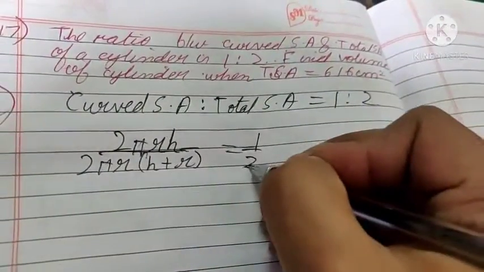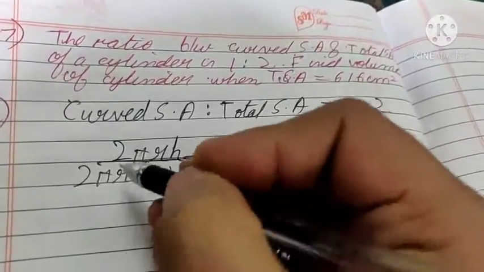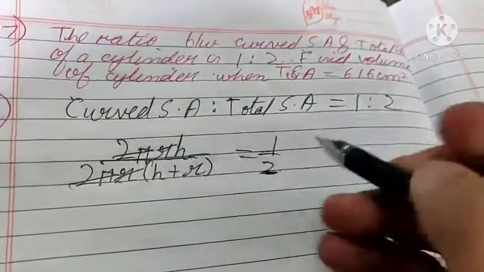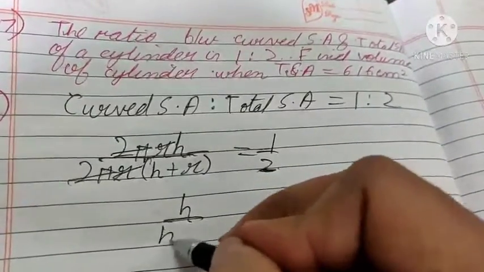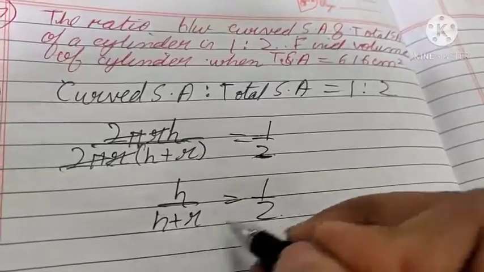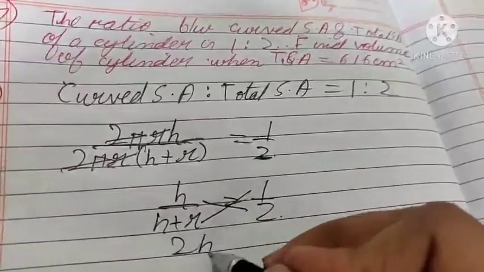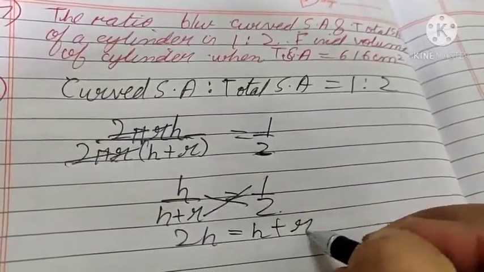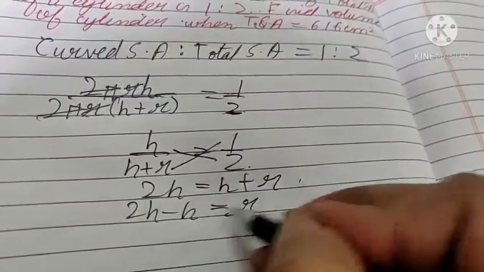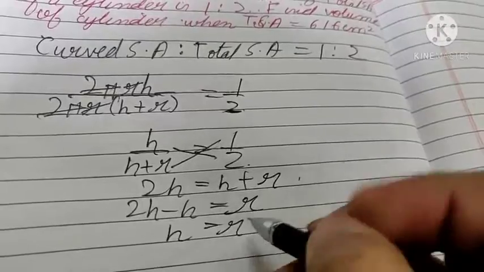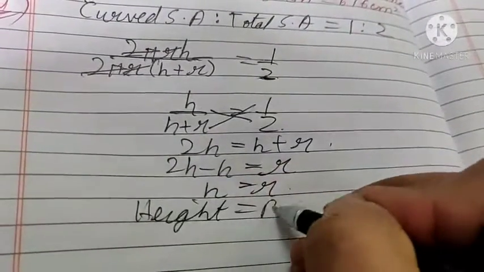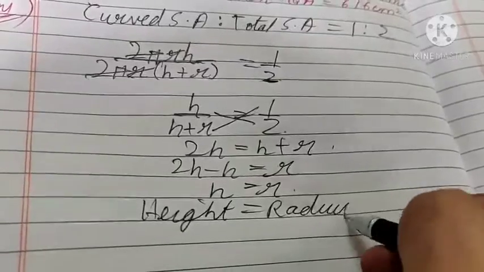Now 2 pi r is cancelled, and you are left with h upon h plus r equal to 1 upon 2. Cross multiplying, 2h is equal to h plus r. So 2h minus h is equal to r, so h equals r. That is, height is equal to radius of the cylinder.